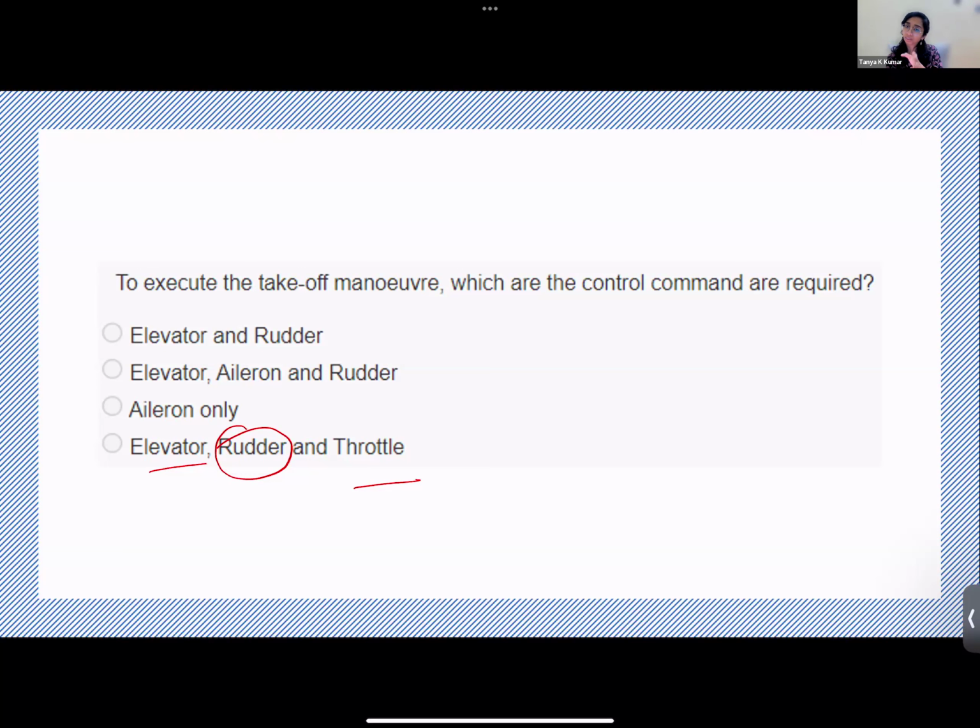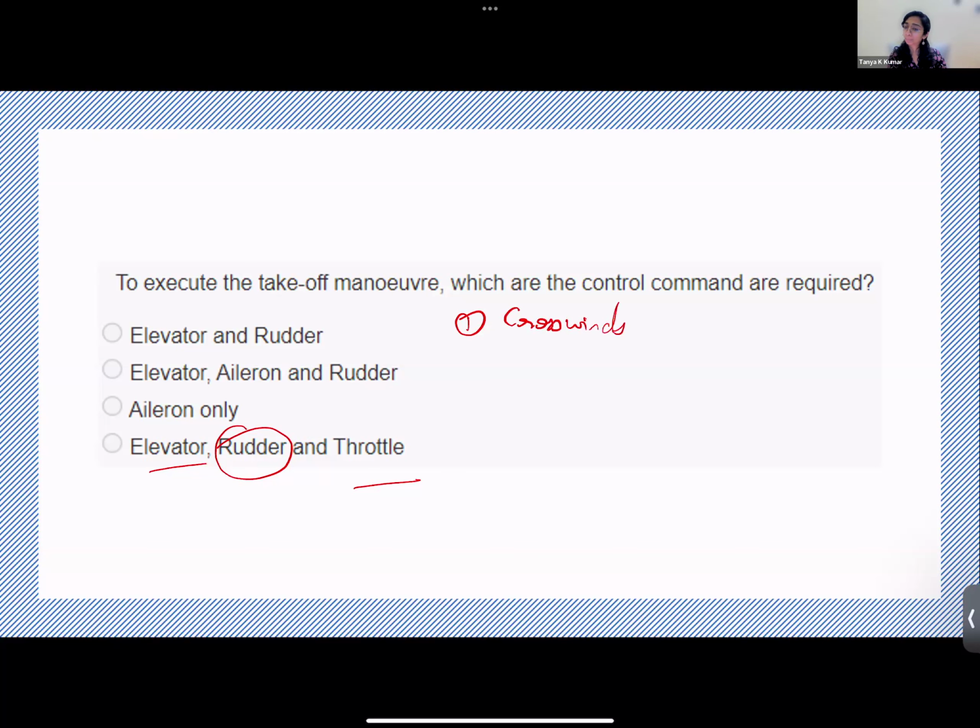If I just keep the rudder as it is, no deflection, and I'm taking off straight, I will maintain direction, right? Why? During takeoff. So why would I have to deflect the rudder? You are right, that's one of the reasons, but explain a little more. In case of crosswinds, yeah, so gusts or crosswinds, yes, that's one reason. So reason one is crosswinds.